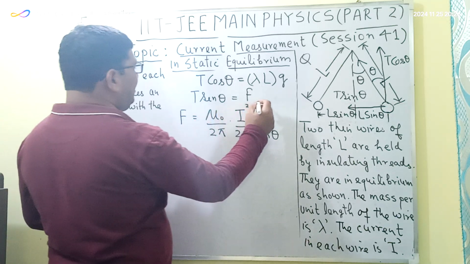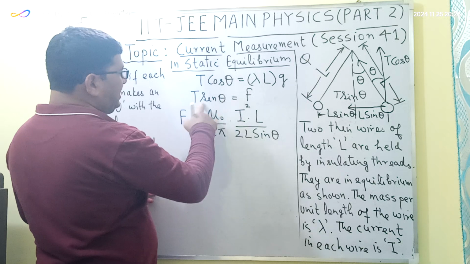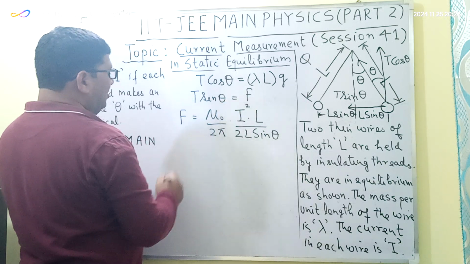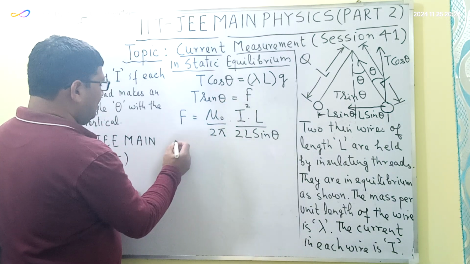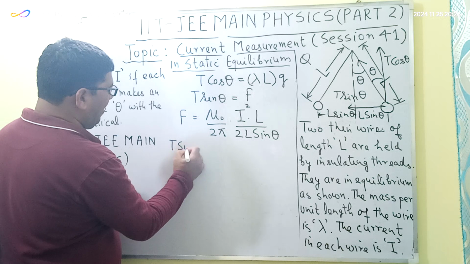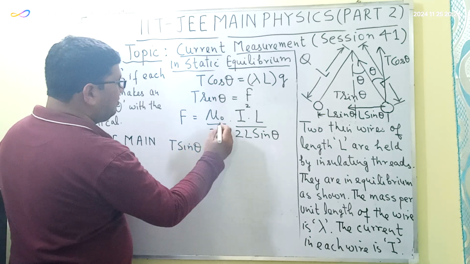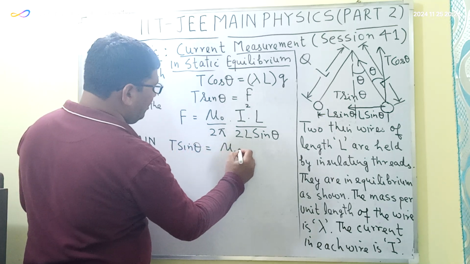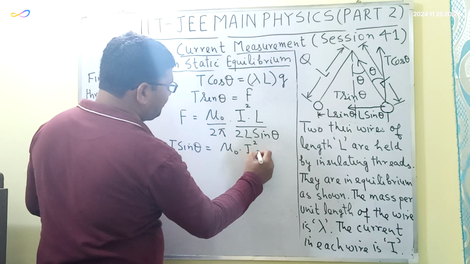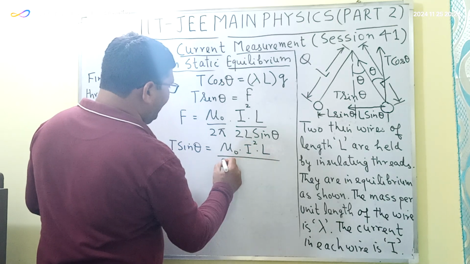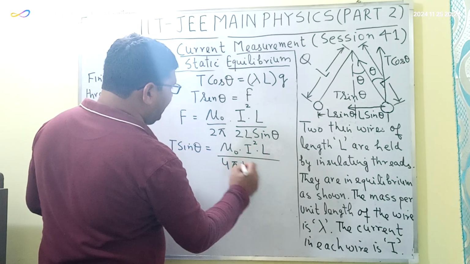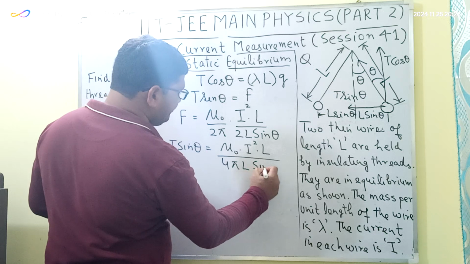Now T sin theta will be equal to this value. So T sin theta is equal to mu naught I square L divided by 4 pi L sin theta.